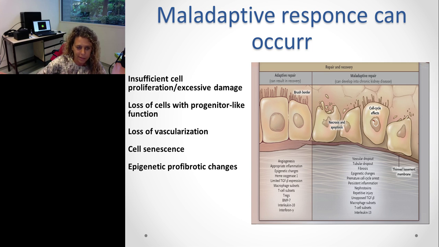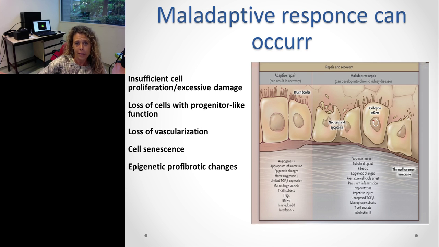We may lose the vascularization of the organ, so have a vessel rarefaction. Cell senescence, in many instances, compromises the ability of the organ to repair. And it's very important that epigenetic pro-fibrotic changes may happen in those organs.